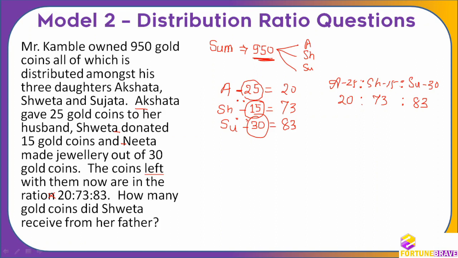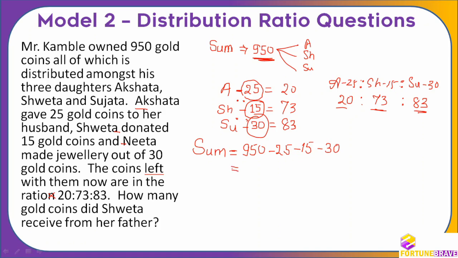So if we remove this, then we will get the actual sum of actual numbers. So what am I going to do? If I want the actual sum, I will remove the 25 that she gave to her husband from 950, and the 15 Shweta donated, and the 30 Sujata used for jewelry.